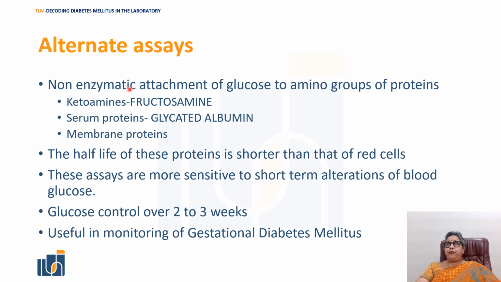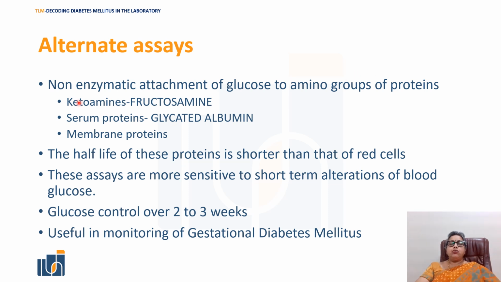Now, if the patient has a shortened lifespan of the red cell, what to do? How are we going to measure the glycated hemoglobin? Or you want to know short-term alterations of blood glucose. Now, there is non-enzymatic attachment of glucose to amino groups of proteins other than hemoglobin. Hemoglobin is also a protein.